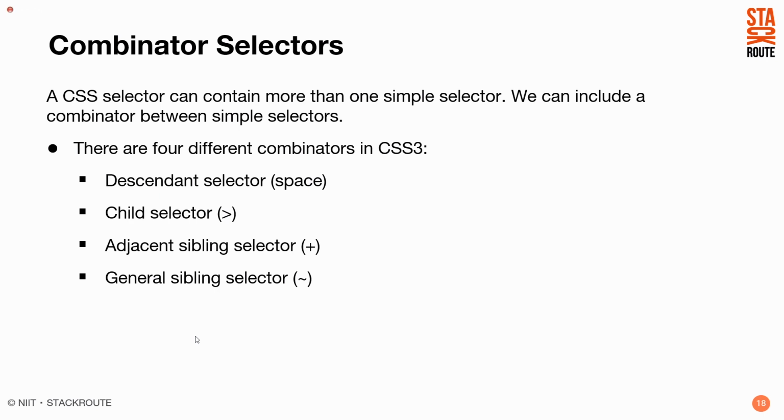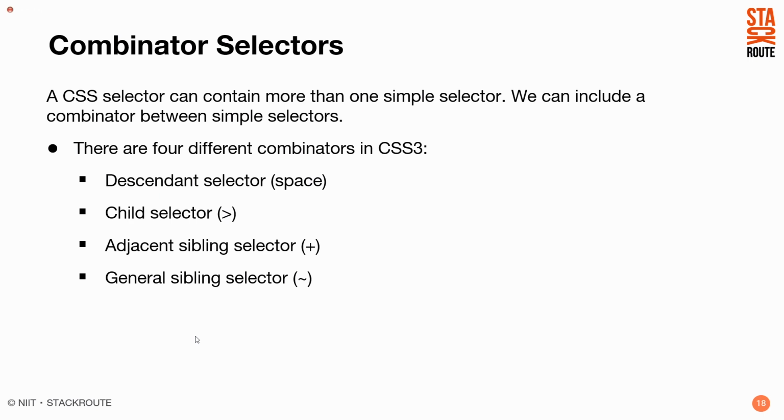I'll repeat again. Let's assume you have n number of elements in your HTML: headings, paragraphs, and various elements. If I have a div, inside the div I have many paragraphs.